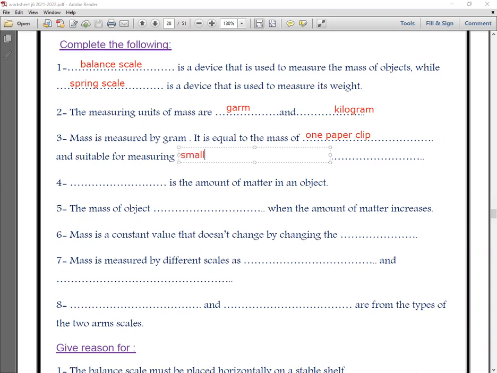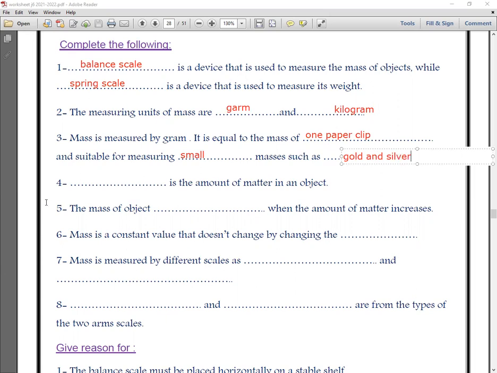Suitable for measuring small masses like what, or such as what? Like gold and silver.